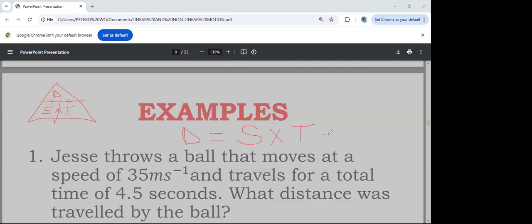So we have our speed as 35 and we have our time as 4.5.